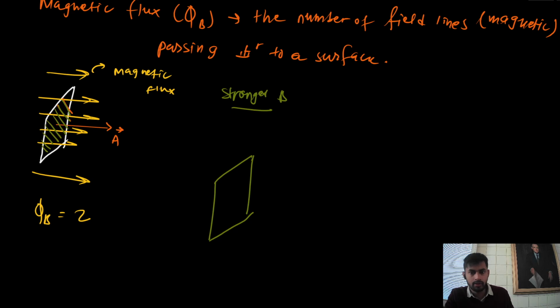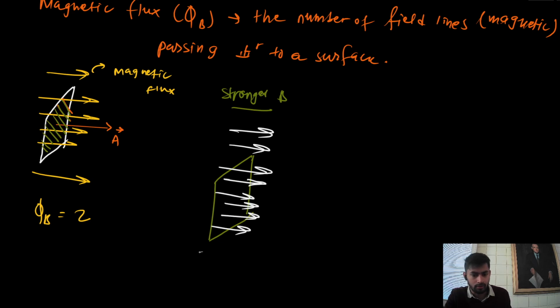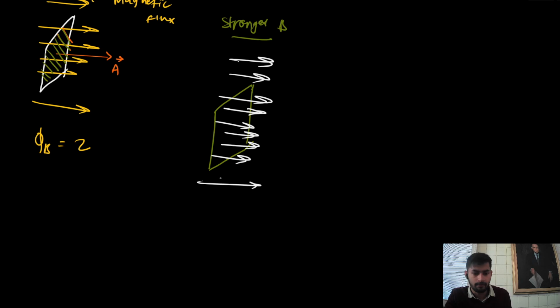Say this is my square, and I will increase the number of flux lines passing through the surface, that is magnetic field lines, then phi of B would be, say, 3, which means as you increase the number of magnetic field lines passing through the surface, which is of the same area that we had earlier, then we will end up having more magnetic flux.